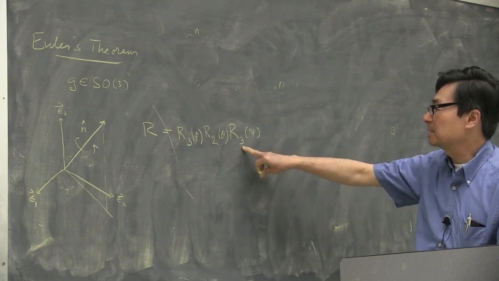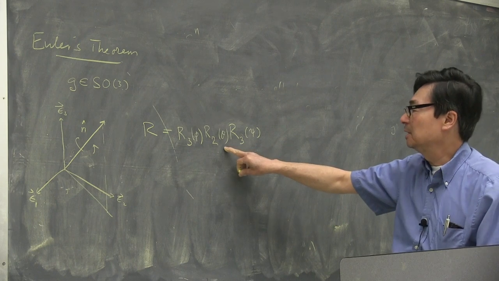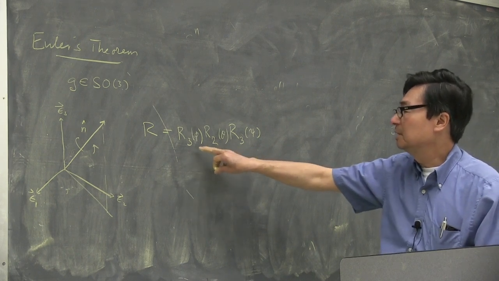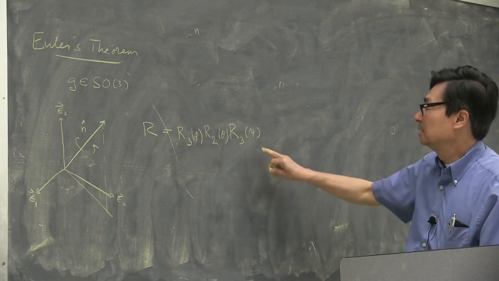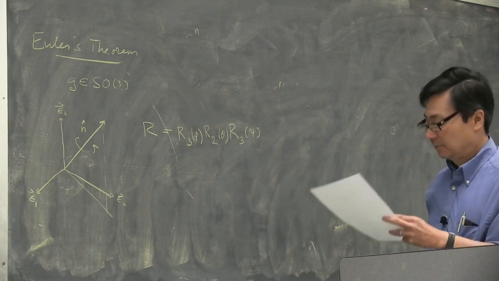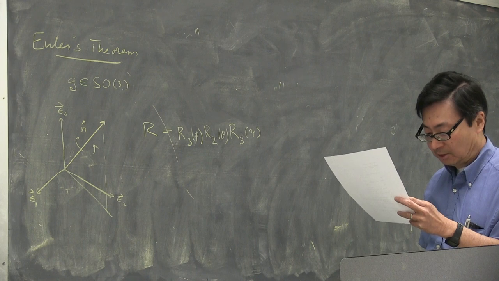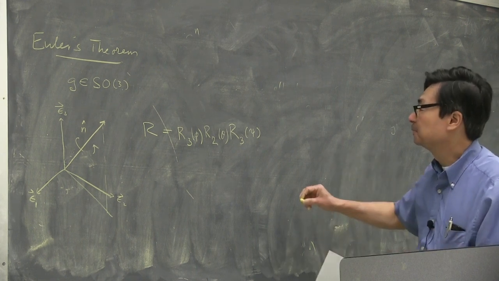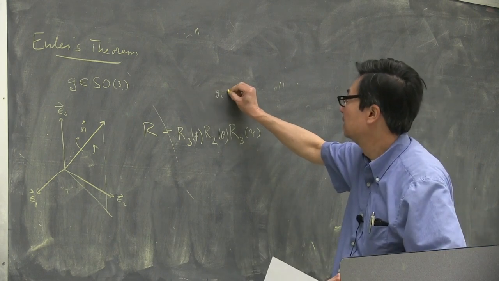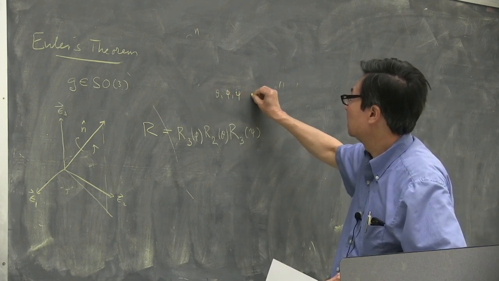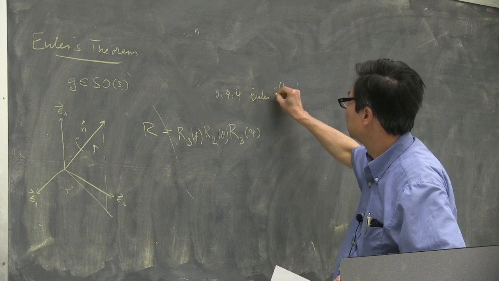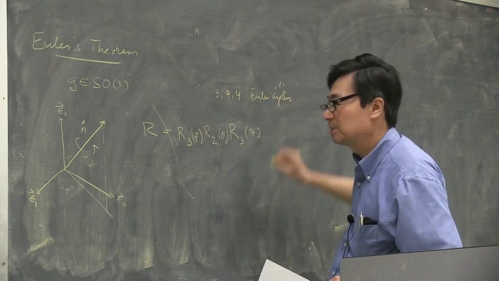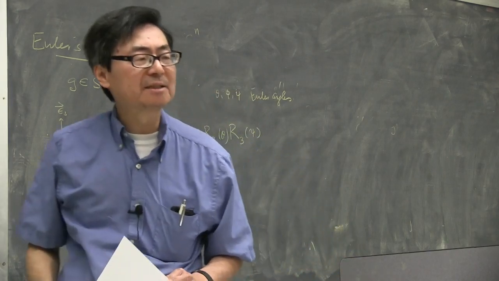The first one about the third axis by a certain angle, the second one about the second axis by a certain angle, and then the third one about the third axis again by some other angle. These angles, theta, phi, and psi, are called the Euler angles. How many of you have seen Euler angles in a classical mechanics course?